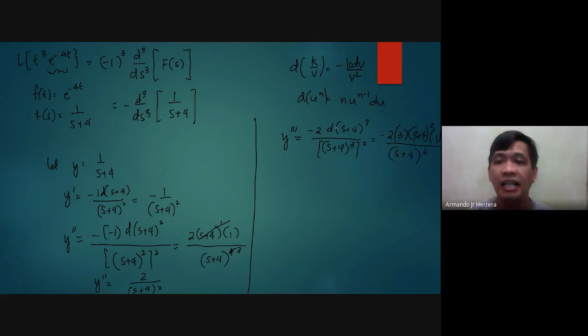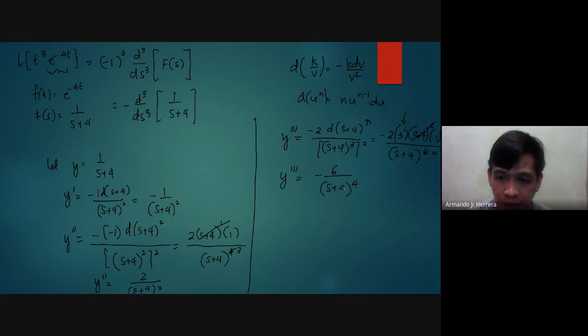Again, we used the general power formula where n is 3, u to the n minus 1, so that's s plus 4, 3 minus 1 is 2, multiplied by the derivative of s plus 4, which is 1. Simplifying this, we cancel, and we are left with 4. So therefore, y triple prime here is negative 6 over s plus 4 to the fourth power.